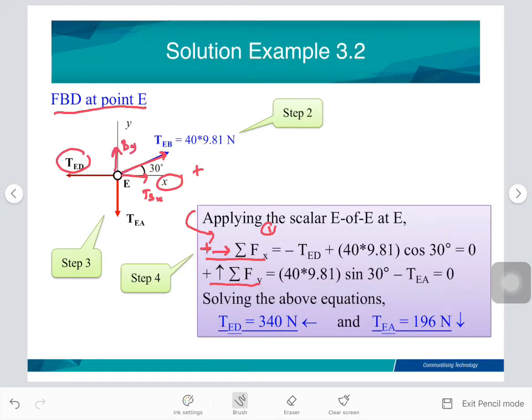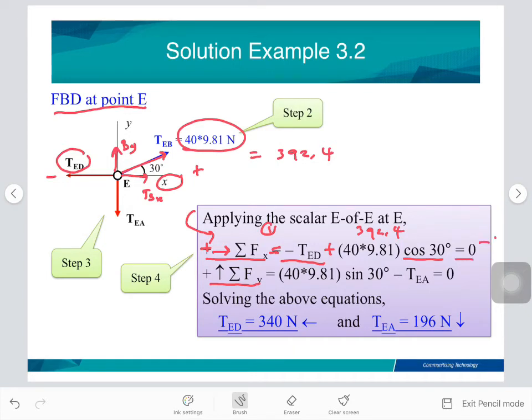Right. Now we write the summation of force in X, all force in X. We have TED, and TED is in the negative direction, so we have negative TED. Then plus TB, which is 40 times 9.81, equal to 392.4. Resolved into the X component is cos 30, equal to 0.